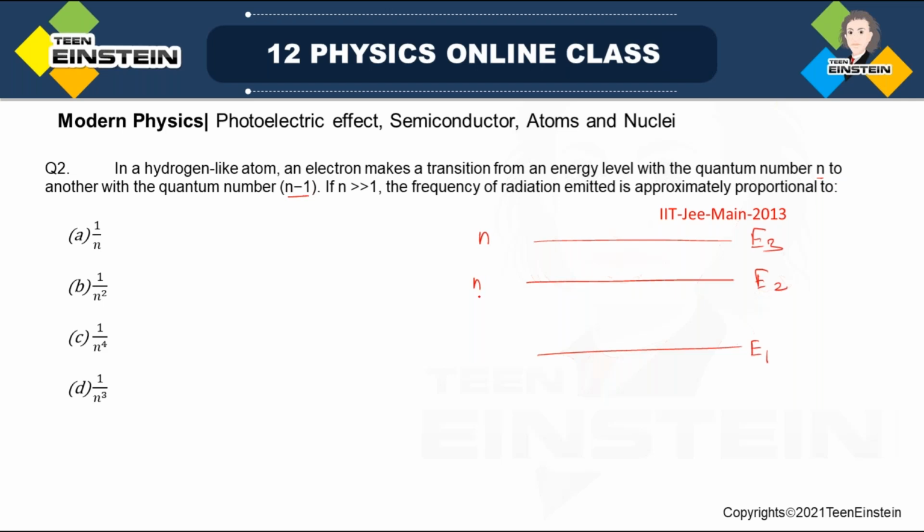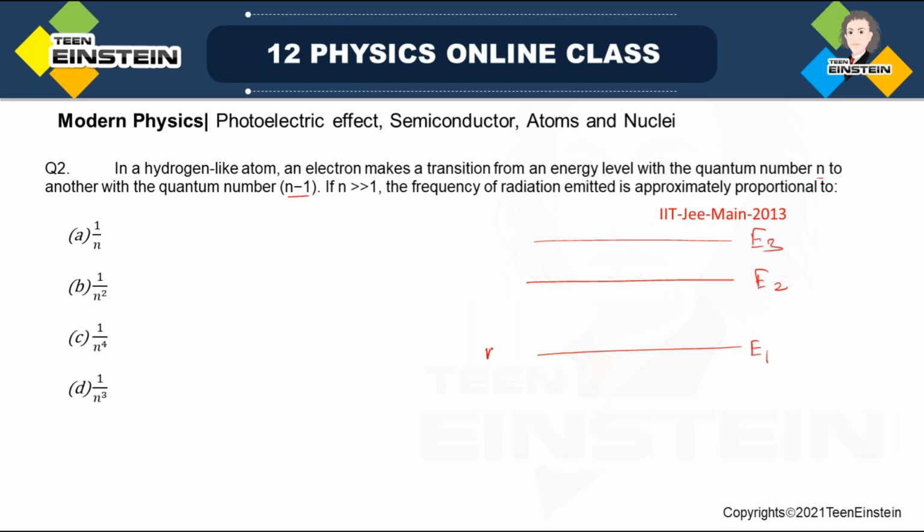I could take anything anyway, so I'm just taking this as n and this as n minus 1. So it will be just the reverse.